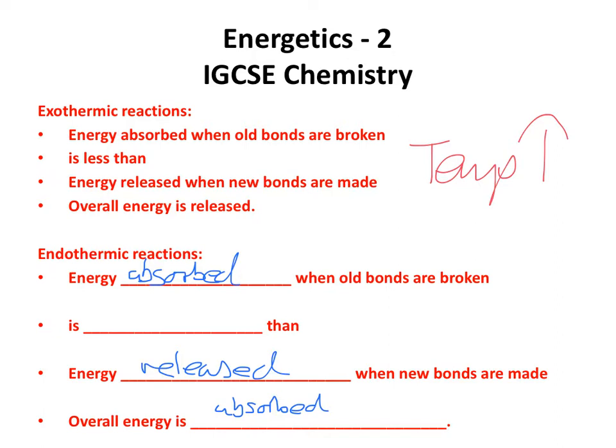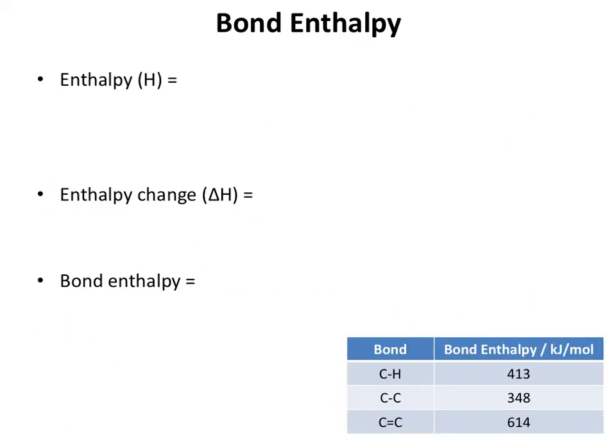So this one is going to be greater than the energy released when the new bonds are made. And for an endothermic reaction, the temperature goes down. So this is really just a recap of what we covered in the first video. This video is pretty much about the calculations. So we very quickly will run over the definitions.